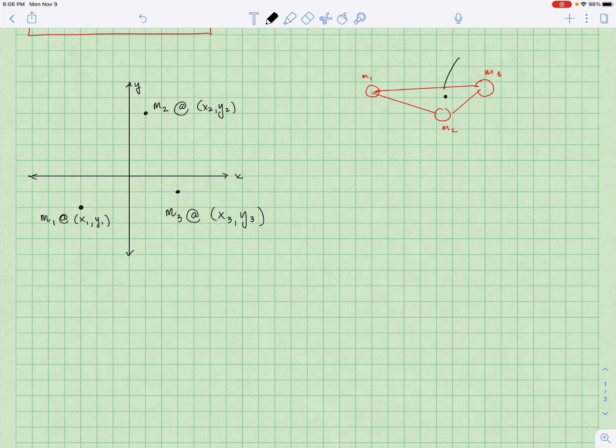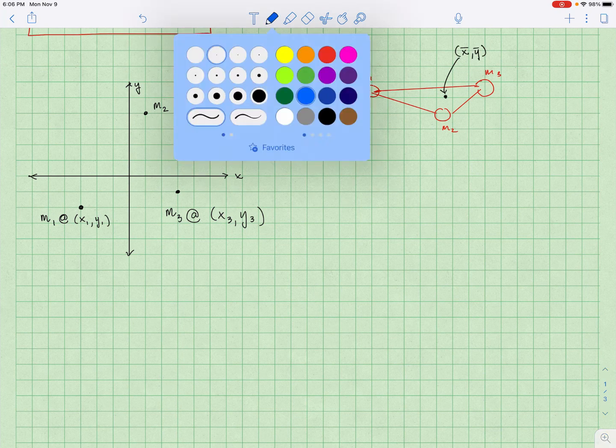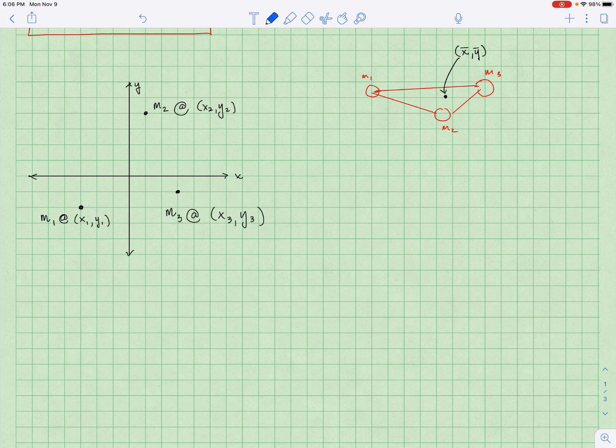Where is this? What we're going to call X bar, Y bar, such that if you were to balance this plate, it would be balancing perfect, right?